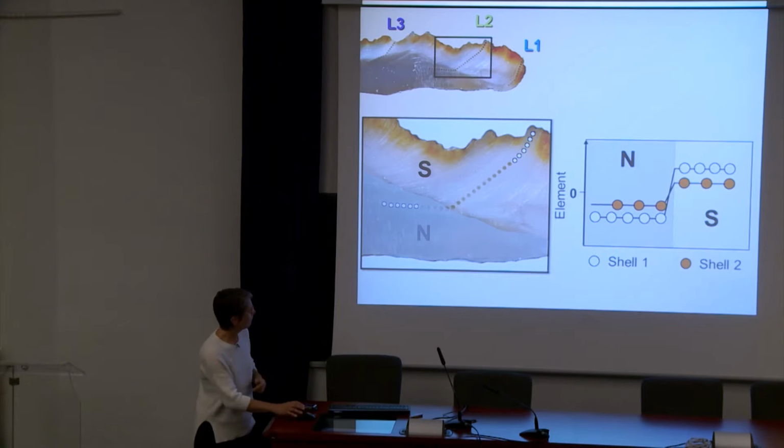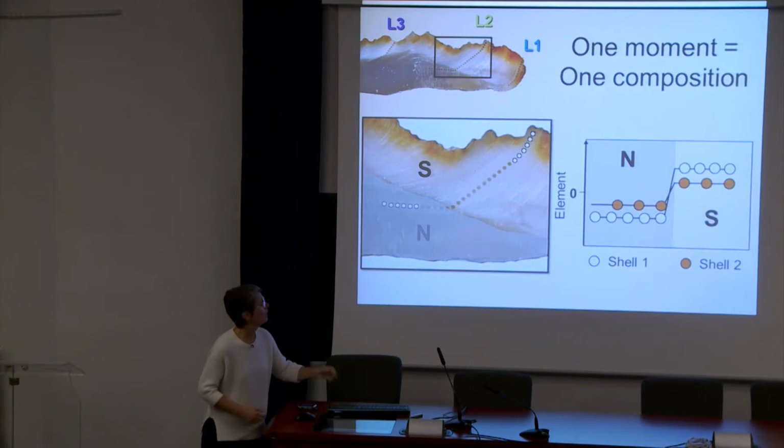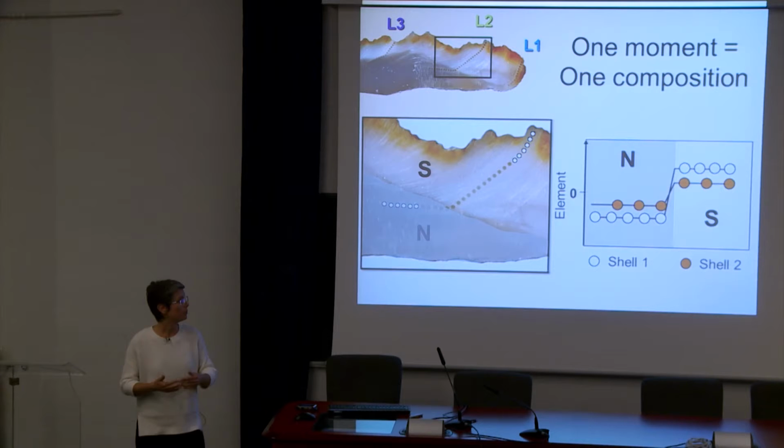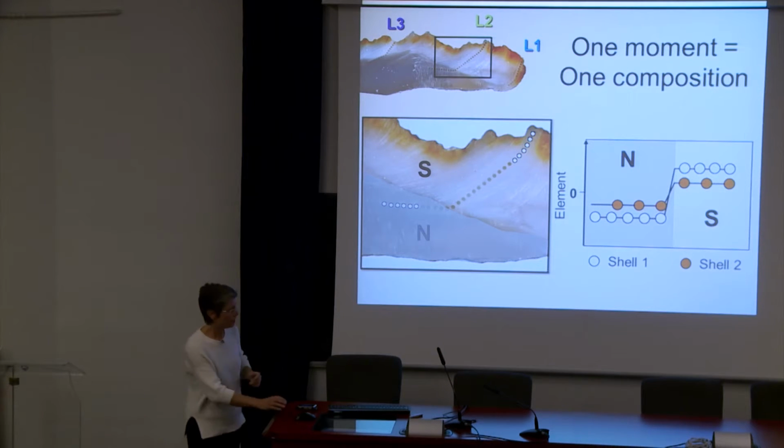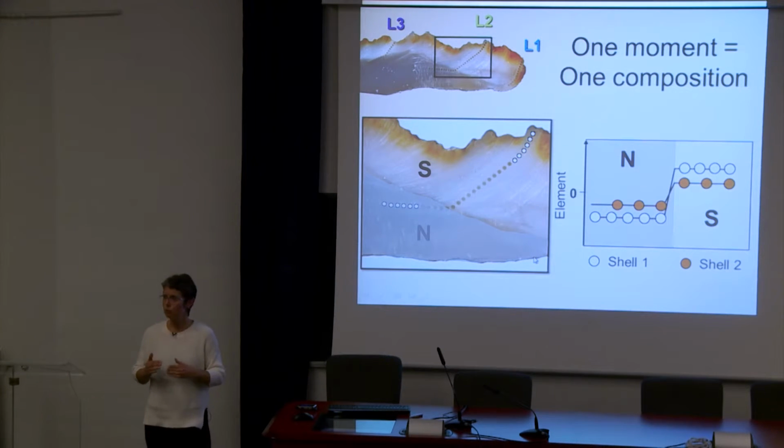And lastly, again, because one moment should represent one composition, the diagram should more or less look like that. For example, in the spherolytic layer, we should have a constant elemental content, and the same thing in the nacre, even if on average the contents are different.